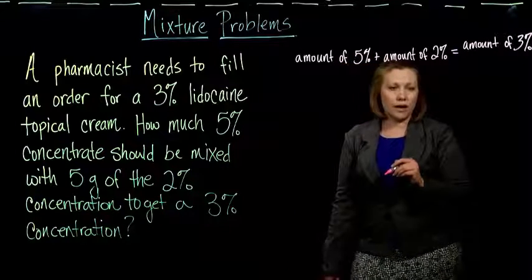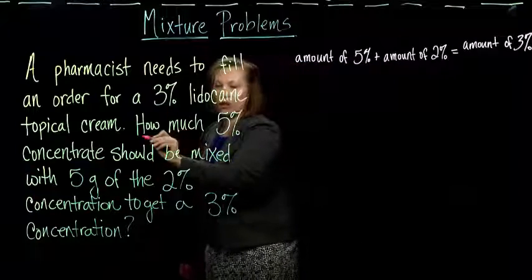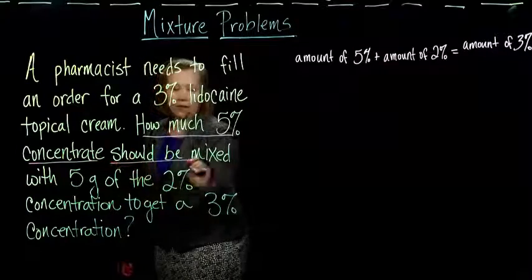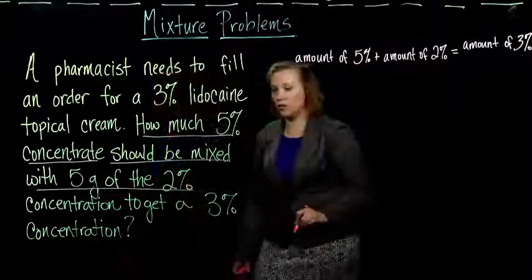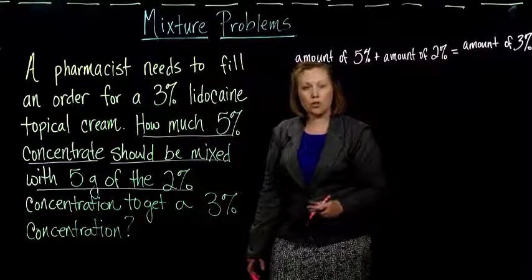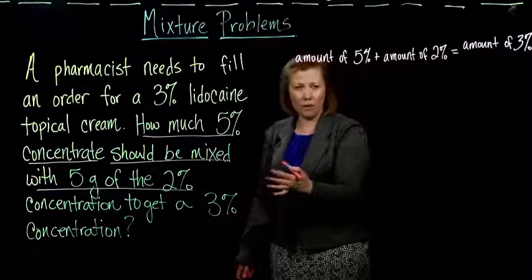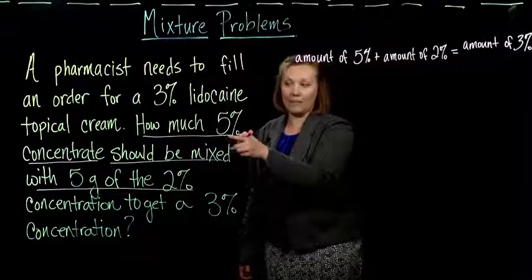So we know a little bit of additional information. The question was, how much of the 5% concentrate should be mixed with 5 grams of the 2% concentrate. The first thing I want to do when trying to solve one of these problems is figure out what my variable is going to be. I like to let my variable be the thing they're asking me to find.